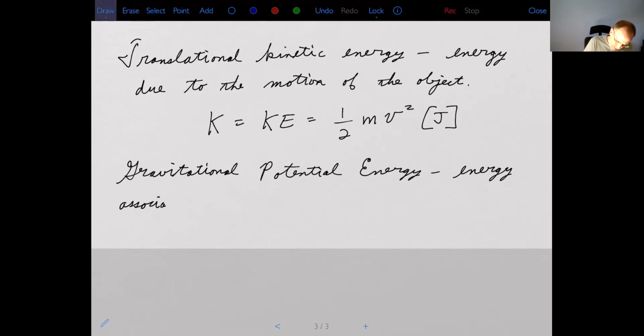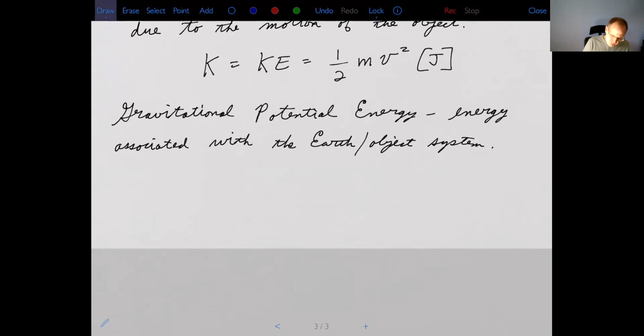Some people call this U sub G, for U for potential, G meaning gravitational, or in this lab, I'll just use PE, potential energy.